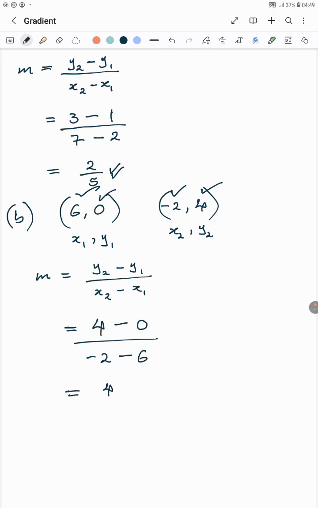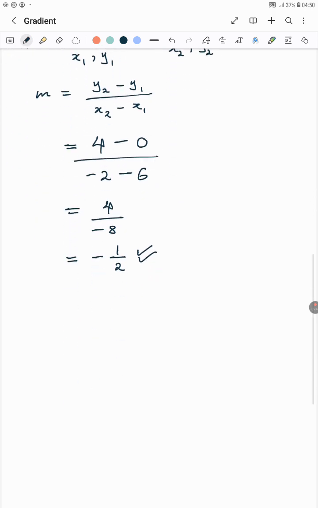So here you get 4 over minus 8, which gives us our answer is minus half. So this will be the gradient of part B. So our gradient can be in fraction format, it can be positive, and it can also be negative, depending with the direction of our slope.